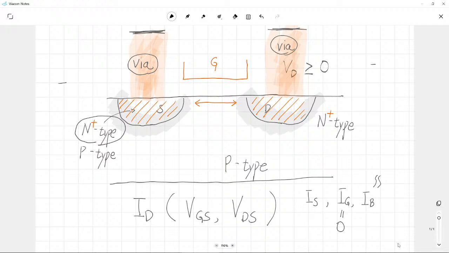And the substrate in this case always forms a PN junction with the other terminals that is biased at equilibrium or reverse bias condition, so that current would be approximately zero. The error is just the reverse saturation current.